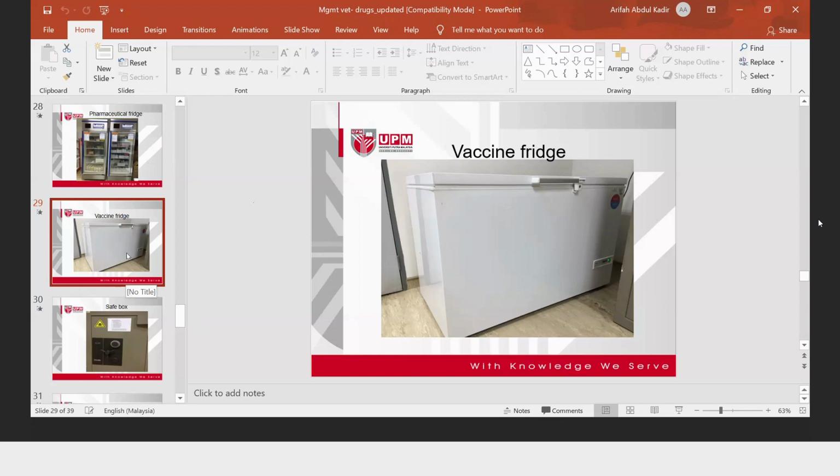As you understand, vaccines are made of live or attenuated organisms, so we must handle them with care. All these vaccines are kept in the vaccine fridge, and this fridge can last for 6 to 7 hours even if there's no power supply.